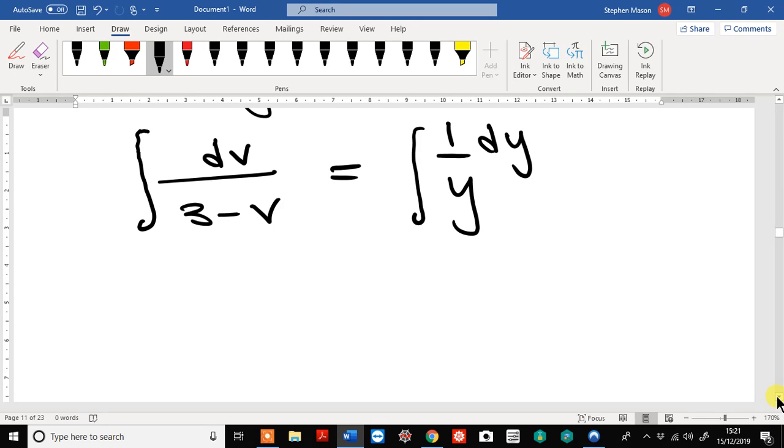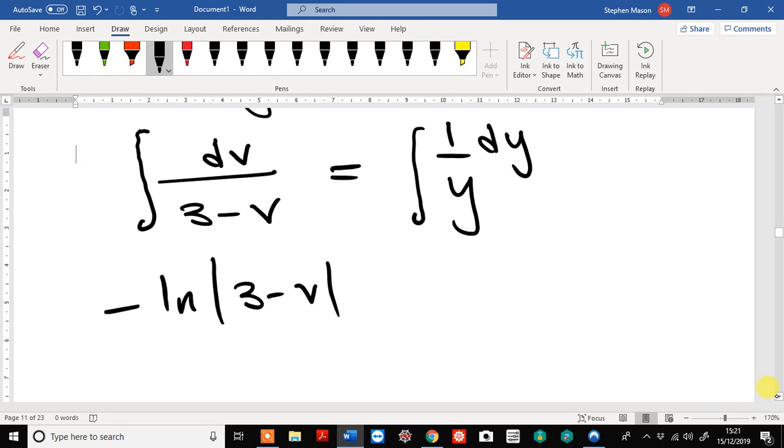Now, you might remember from basic calculus at high school level that the left hand side integrates to give minus the logarithm of 3 minus v. And why?